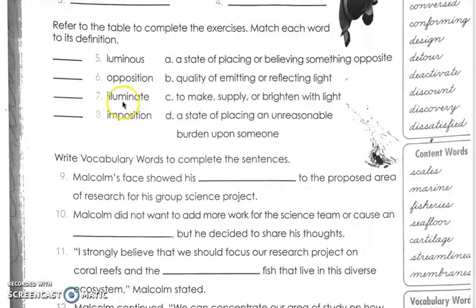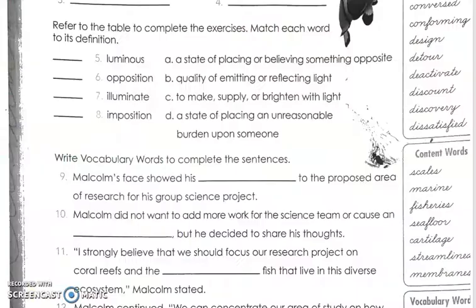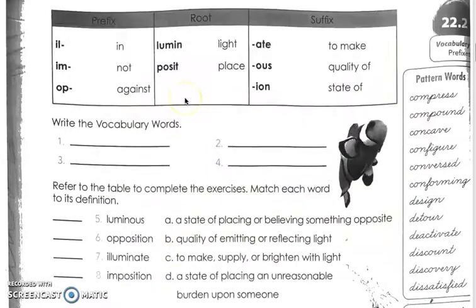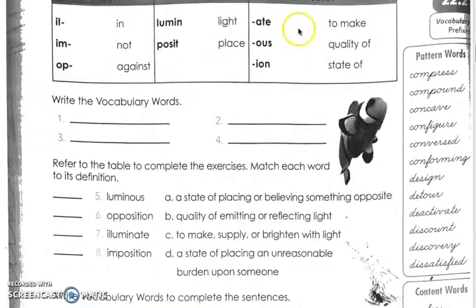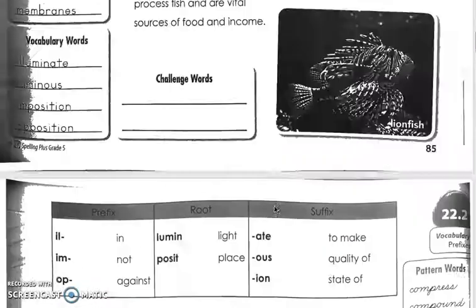I linked the children's dictionary, so you can definitely use this website that I linked in the Google Classroom to match the meaning, or if you can look at the prefixes and suffixes, you can sometimes determine the meaning without looking at the dictionary. And then 9 through 13, you're going to be using the vocabulary words to complete the sentences. Some of them will be used twice. All right, now is your time to pause and then replay the video again once you're finished.